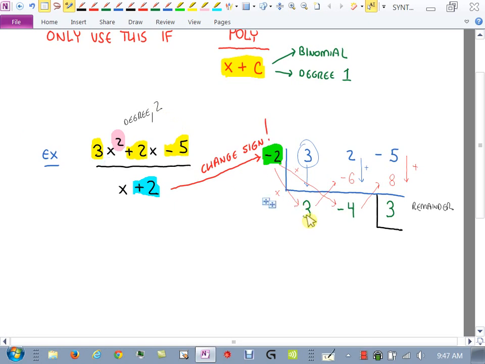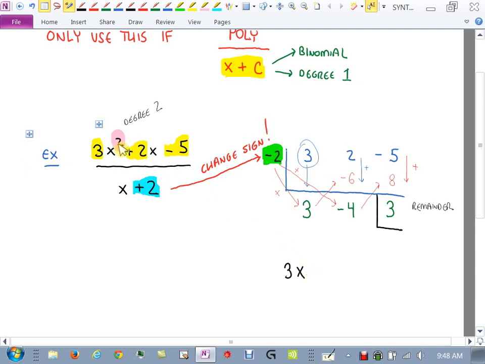Your answer, this 3, needs to have an x next to it, and the power on that x needs to be 1 less than whatever the power up here was. Always. So since this is a 2, the power on this x needs to be a 1, and so we don't write anything, we just write x.